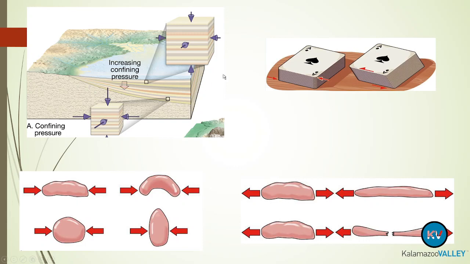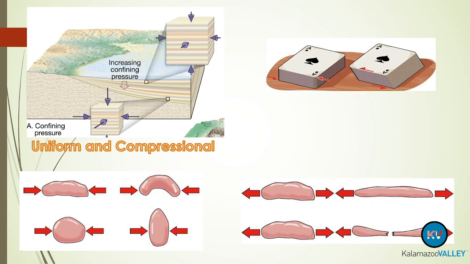This would be an example of both what kind of stress, uniform or non-uniform, and specifically the type of stress. That being compression, shearing, or tensional. Give you just a second to think on that.